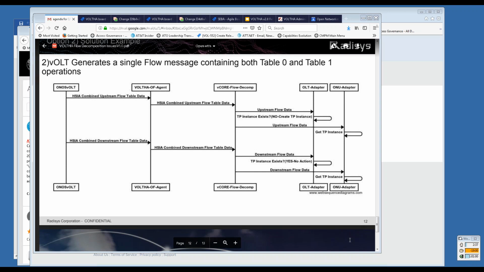Basically, we're missing the technology profile instance in half the messages, and so the ONU and the OLT adapter can't really do anything with the flow data that comes down until they have the technology profile instance, because that's common between both OLT and ONU, and that ties them together, and it defines the PON part of the flow. So these are some thoughts around possible solutions to this issue.